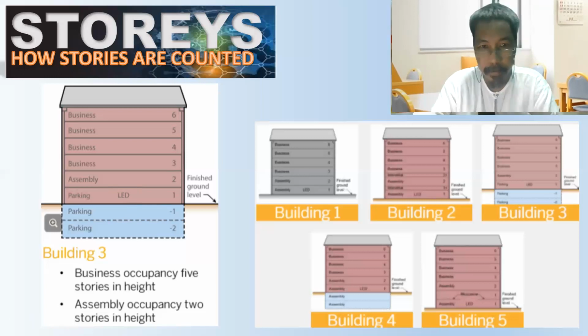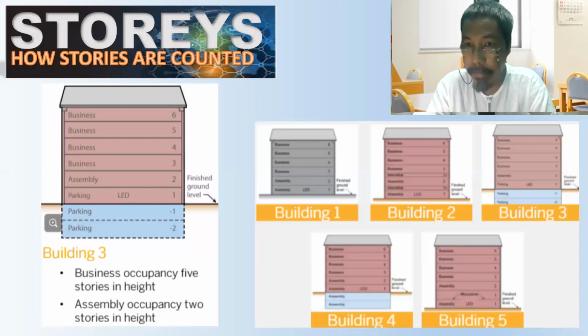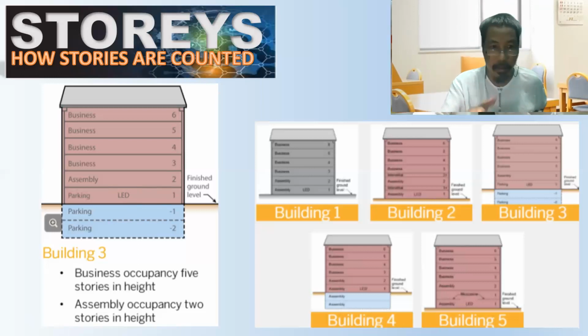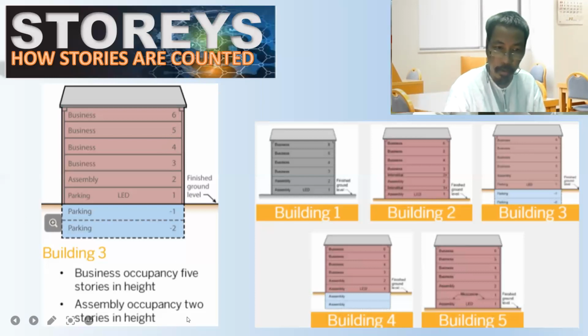Note, very important to count the number of floors when we are dealing with NFPA 101. You can count it 8 floors if you will when you are talking with other things, but when we are talking of fire protection, in fire protection, NFPA 101, the counting is 5 business floors and 2 assembly floors.